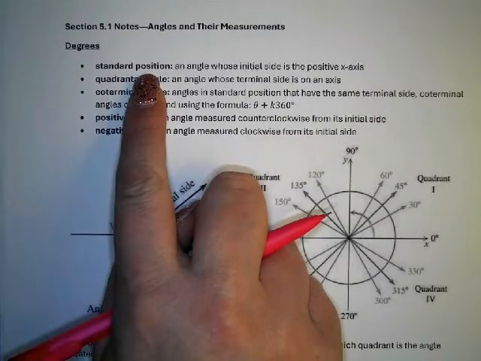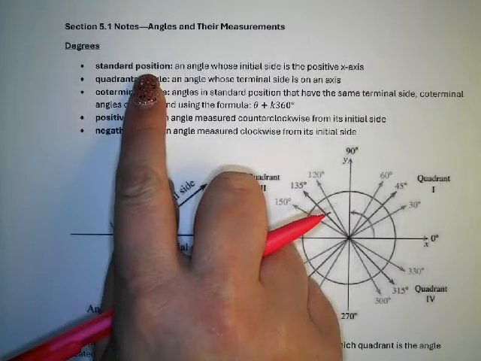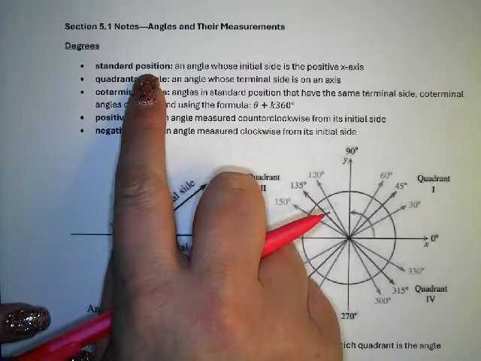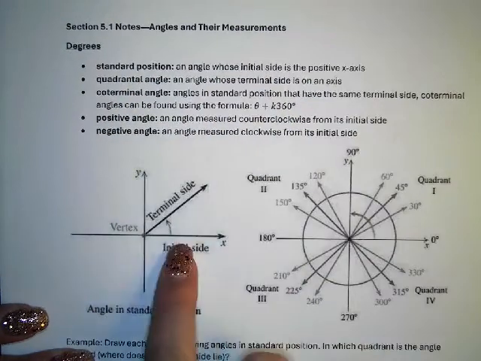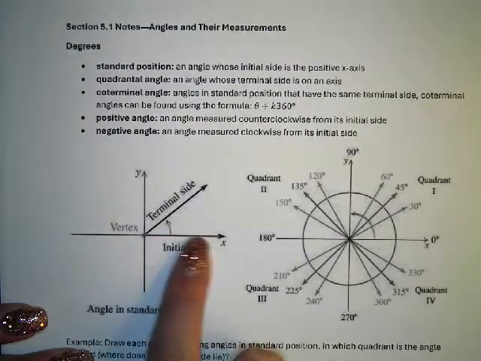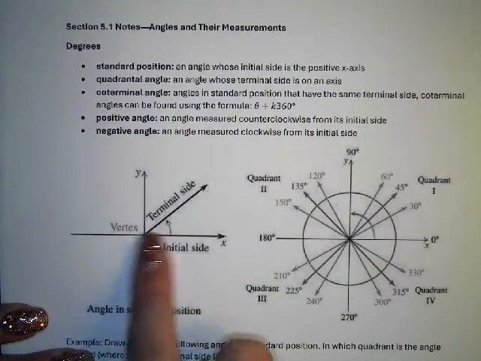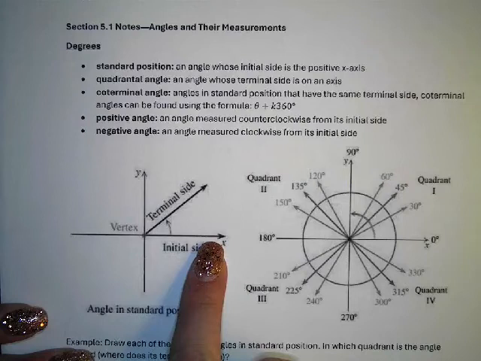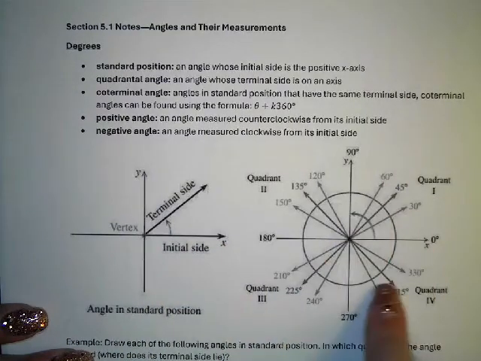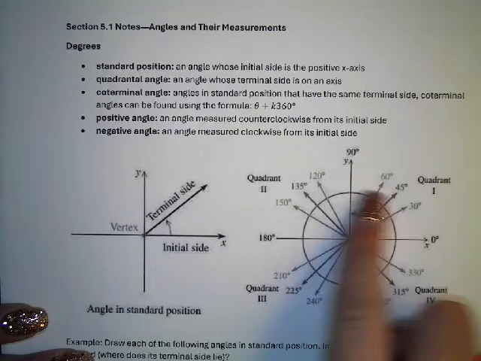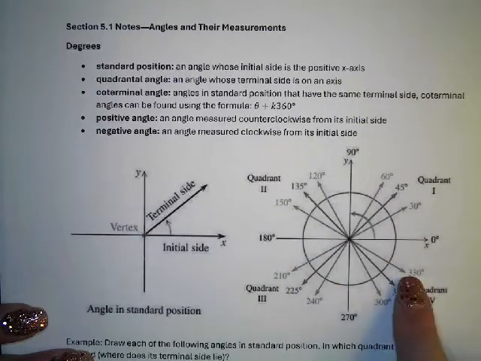So standard position is kind of the default position that we use for angles, and it's an angle whose initial side is on the positive x-axis. So here's the initial side, or kind of like the start of the angle, and this is exactly what an angle looks like when it's in standard position. And you'll see angles marked like this, kind of in this circular from 0 to 360 over here.